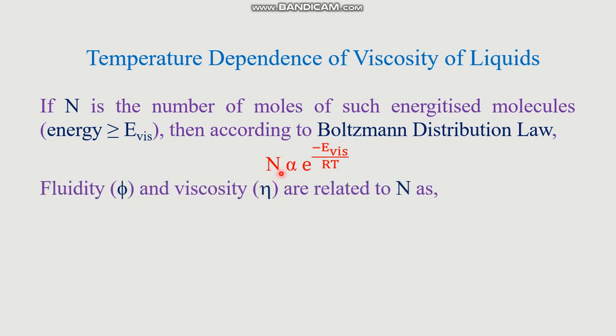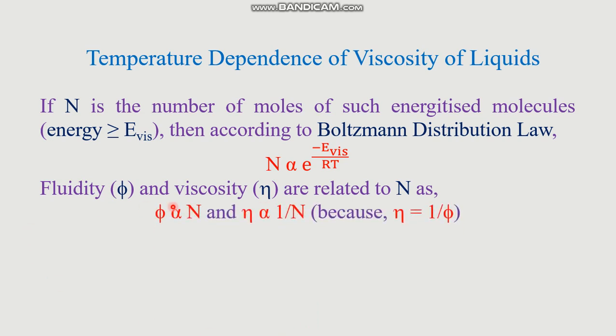Now as this number of energized molecules increases, the flow would be easier, or the fluidity of the liquid would increase. That is, this N is directly proportional to fluidity, and inversely proportional to viscosity, because viscosity and fluidity are reciprocal of each other.